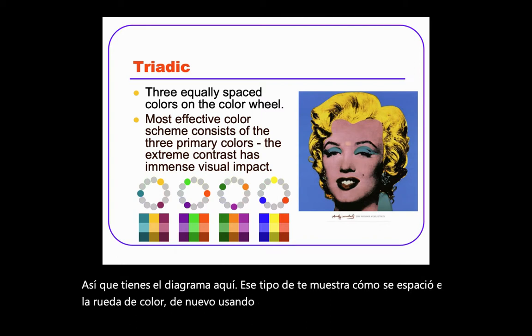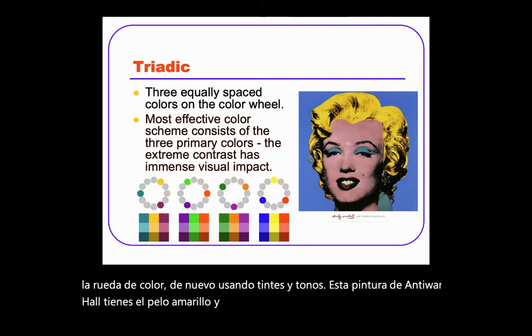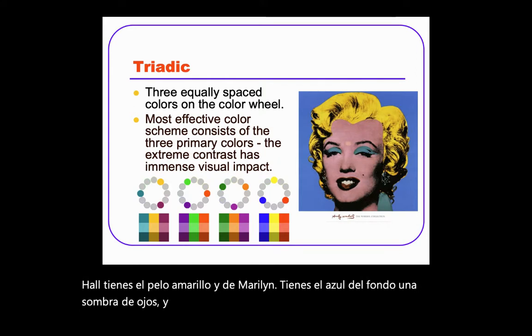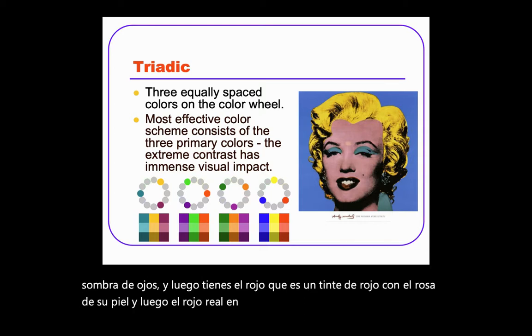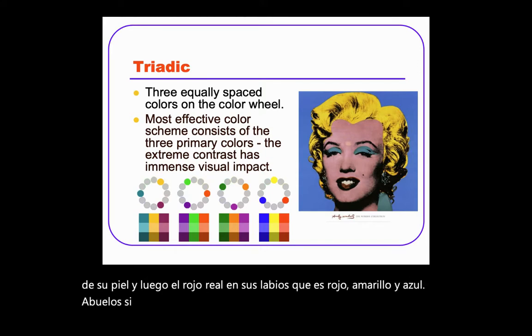This painting by Andy Warhol, you have the yellow in Marilyn's hair, you have the blue of the background and of her eyeshadow, and then you have the red, which is a tint of red with the pink of her skin, and then the actual red in her lips. That is red, yellow, and blue. Go ahead and pause if you need to finish copying this down.